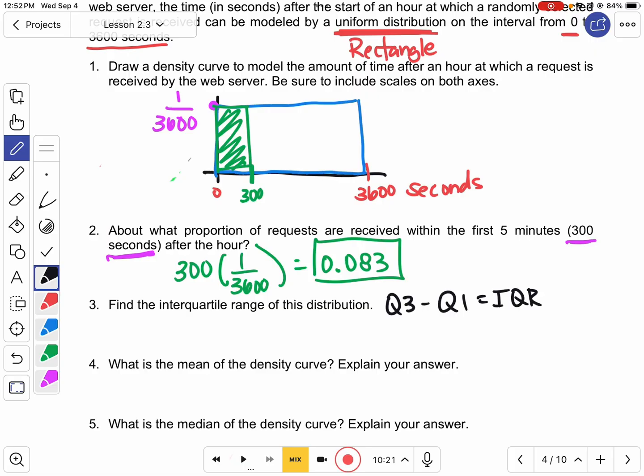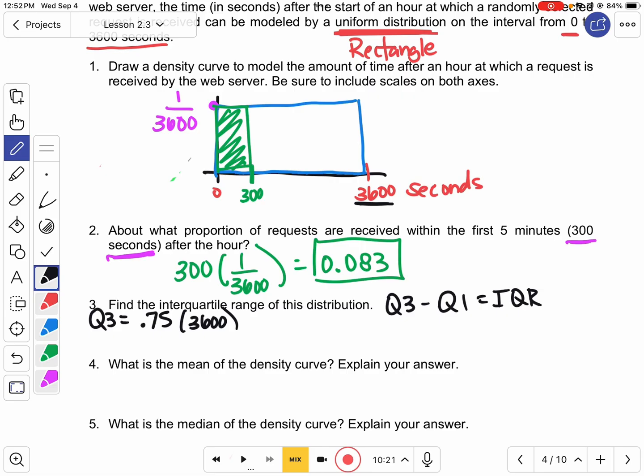So let's talk about it. A quartile divides my data up into how many sections? 4. Quartile meaning 4. It divides it into 4 sections. So if I think about quartile 3, that would be 75% of my data. Quartile 3 is always going to be 0.75. And then how long is it? 3,600.